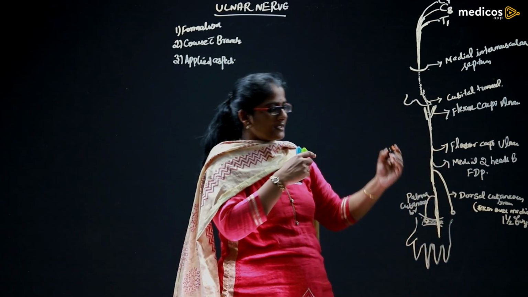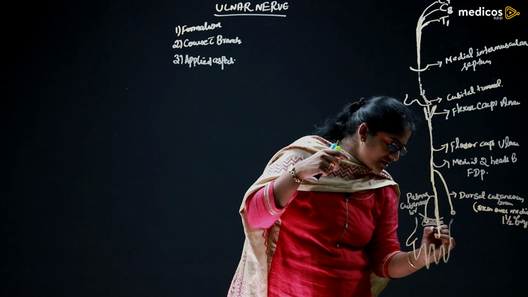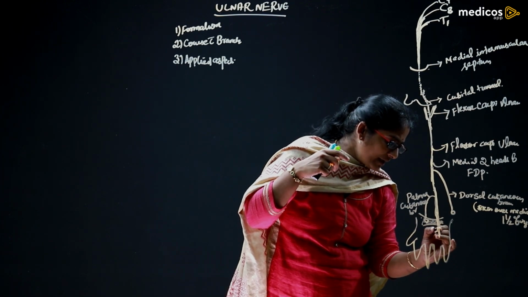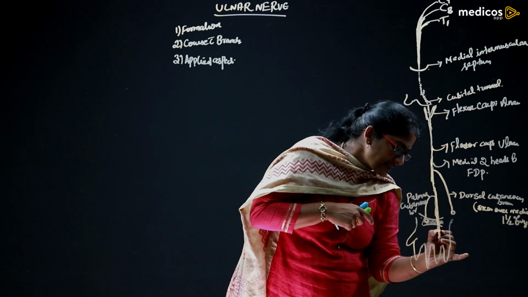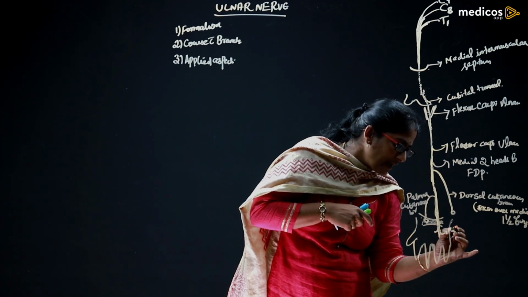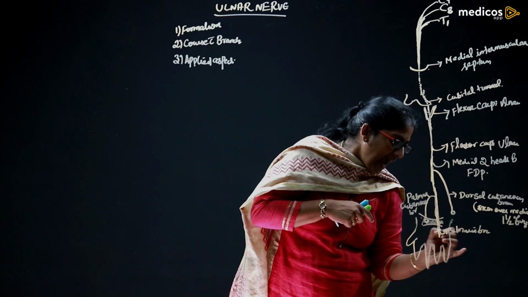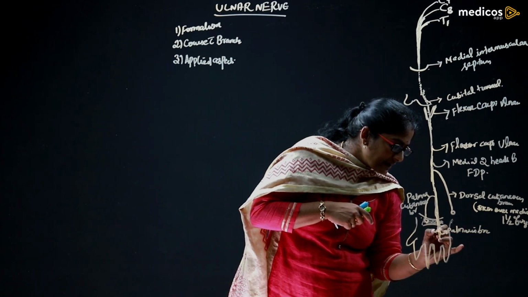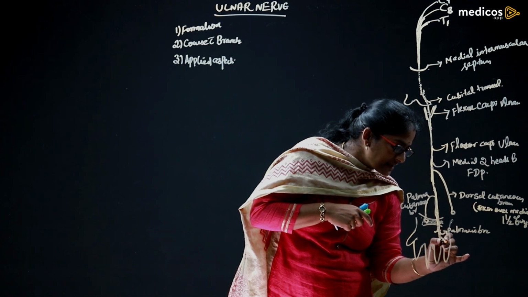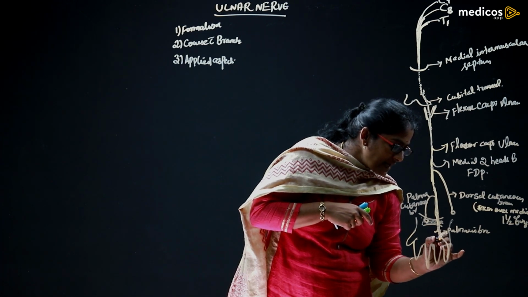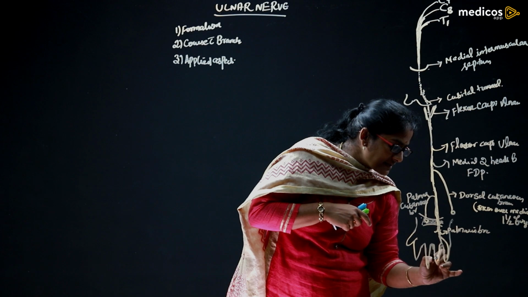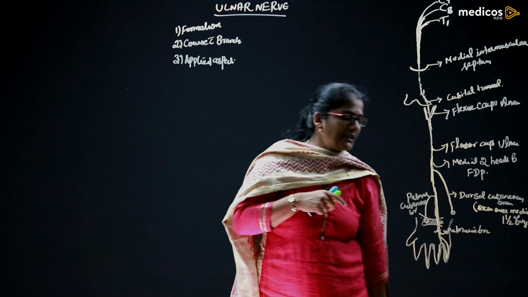Once it enters, it divides into a superficial branch and a deep branch. The superficial branch supplies the palmaris brevis, and it continues as one proper digital branch and one common digital branch that supplies the medial 1.5 fingers.